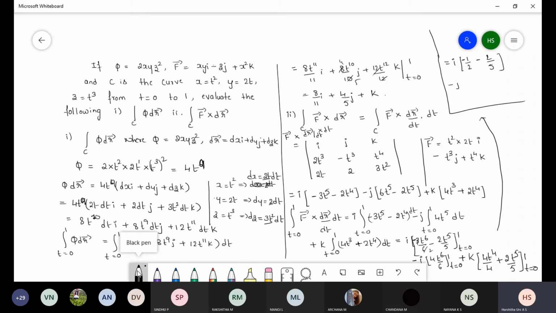Minus j into 2 by 3, plus k, open the bracket, 1 plus 2 by 5. So overall how much we will get? Here LCM is 10 for I. So 5 plus 4, so minus 9I minus 2 by 3j plus, 5 is the LCM, so 7 by 5k.